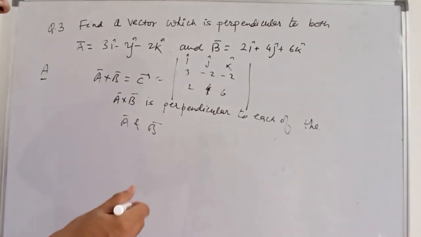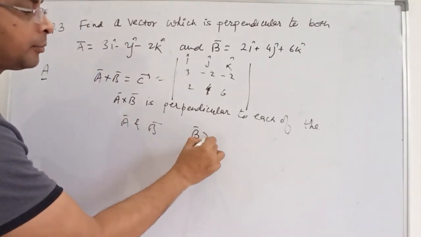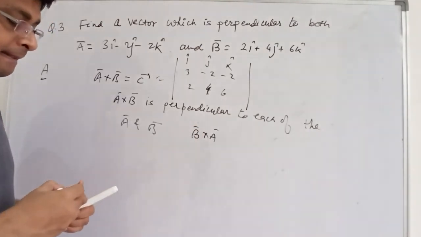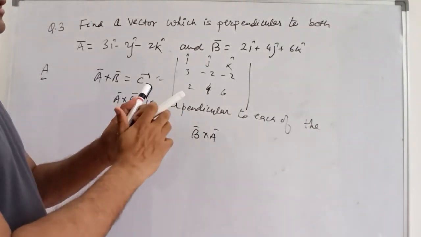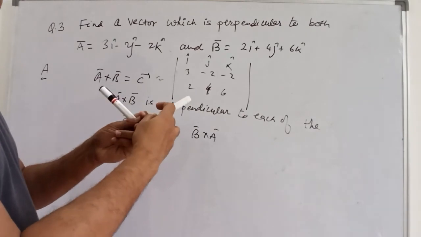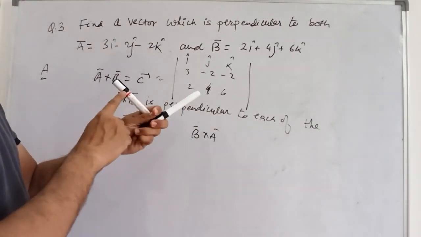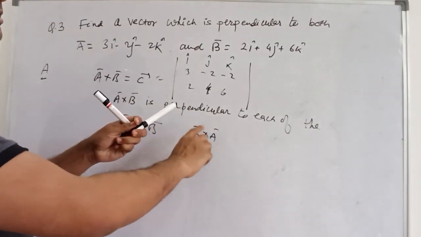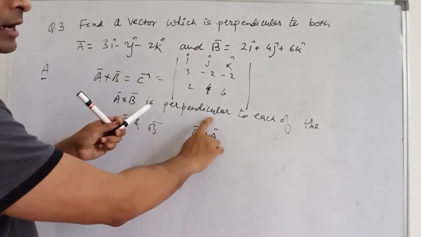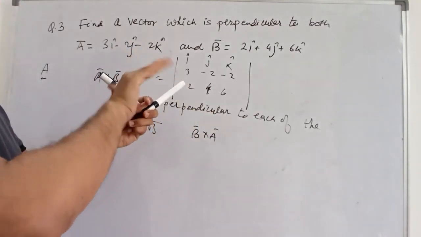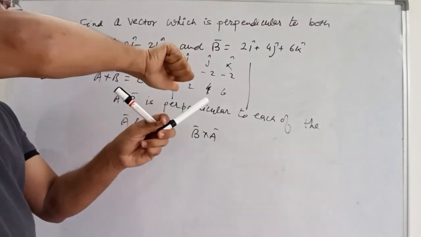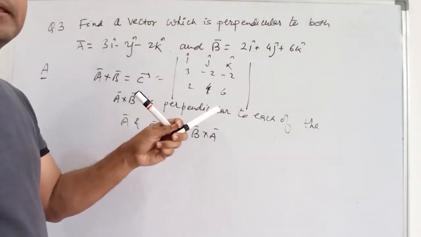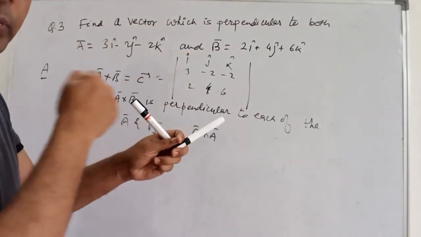In case I am asked to find, suppose, B cross A, now see it carefully. This is your A vector, this is your B vector. B cross A means we have to bend B towards A, like this. So I'm getting the thumb towards the board, away from you.